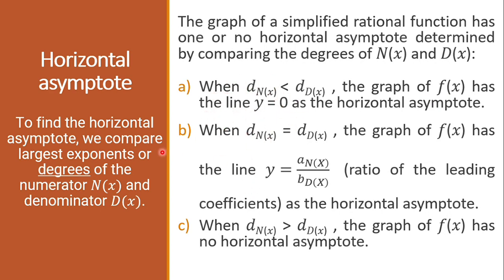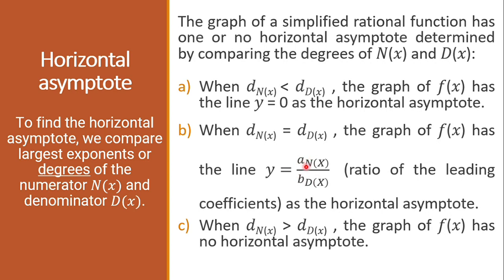Okay, so the second case is when the denominator's degree and the numerator's degree are both equal. So what happens here, the graph of your function has the line y equal to a sub n of x over b sub d of x, wherein these terms are the leading coefficients of your expression.